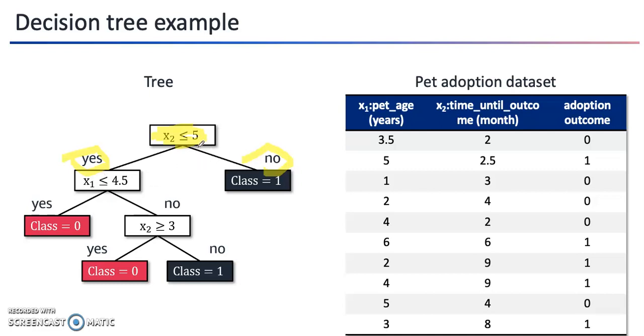But if that is not satisfied, then it goes on to a link or an edge pointing to the value of class equal to 1. Remember, the value equal to 1 is what we have recorded on the third column, which is the target or label.